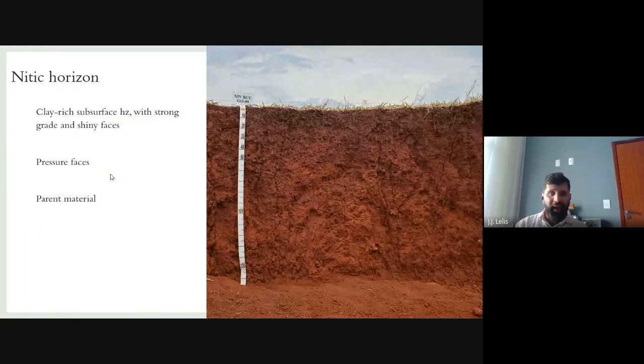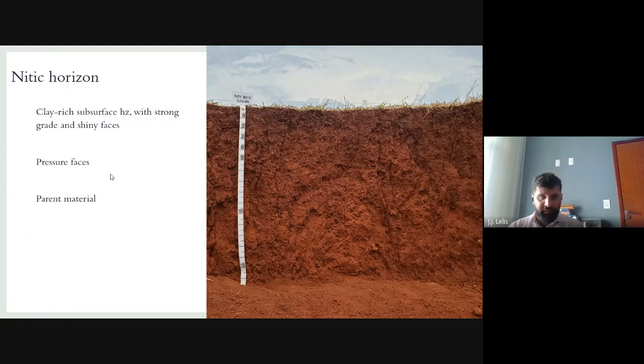We also have a nitic horizon, and the nitic horizon is quite similar to the argic horizon because it's a clay-rich subsurface horizon too, but in this case, the nitic horizon does not present an increase of clay content. So all the horizons in the soil profile present similar clay content, okay?